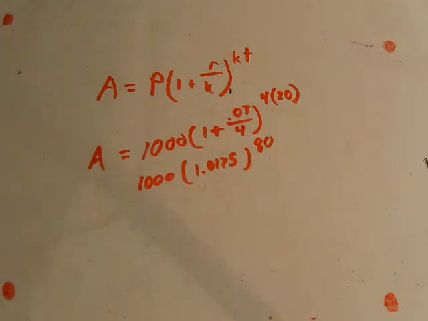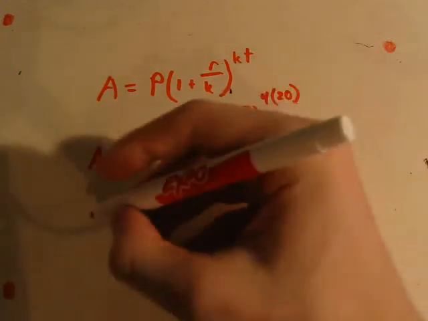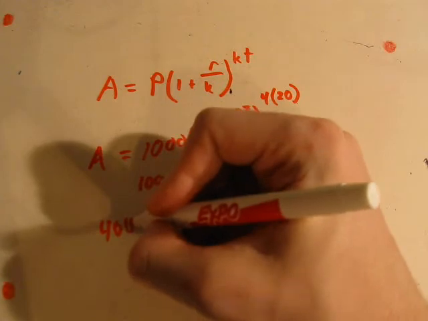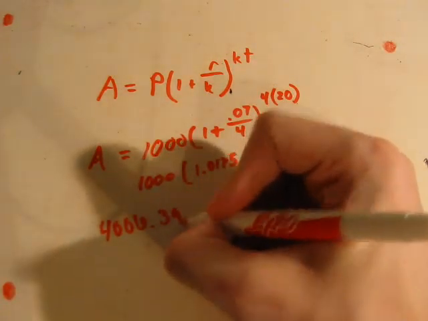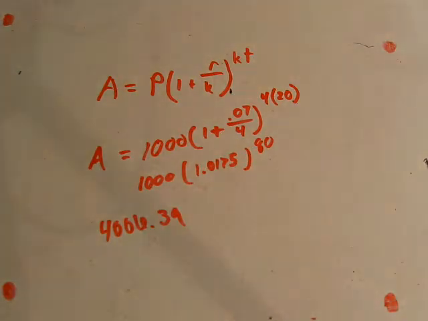So 1,000 times 1.0175 to the 80th power means that you will have $4,006.39 rounded to the nearest cent.